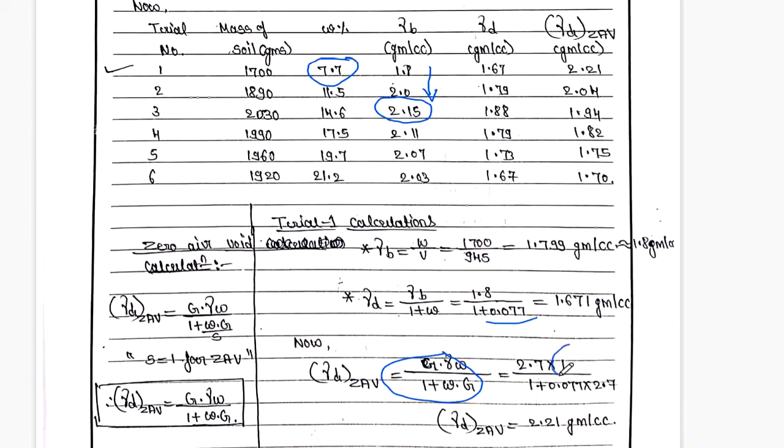Remember, gamma W is equal to 1 gram per cc, or 1000 kg per meter cube, or 9.81 kilonewton per meter cube. So I have substituted all the values.